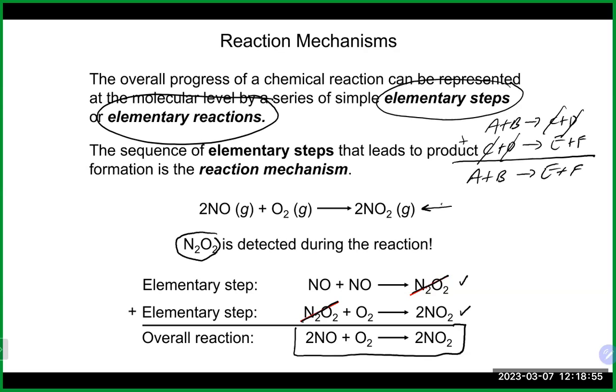So there are some different types of mechanism problems we're going to talk about here, but one very common type of mechanism problem is: is this a possibly good mechanism? Is this possibly how this reaction takes place? And you have to prove if it is or not based on some information that's given to you.